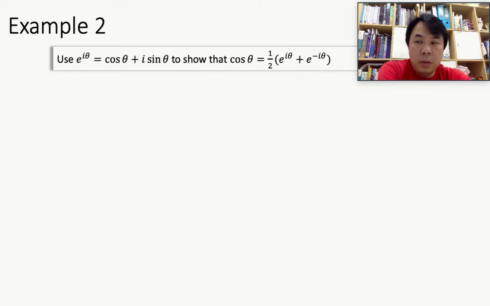Using the Euler format of the exponential, e^(iθ) equals cosine θ plus i sine θ, we are about to show that cos θ can be represented in that form.